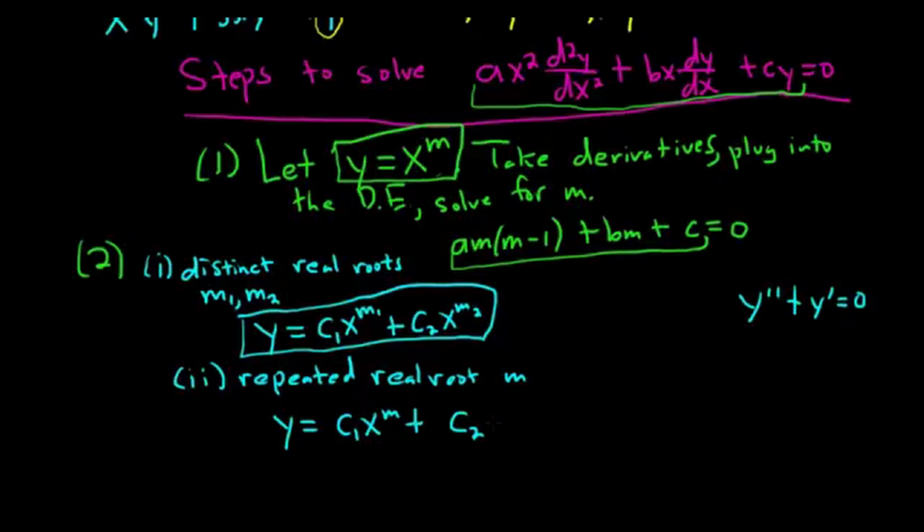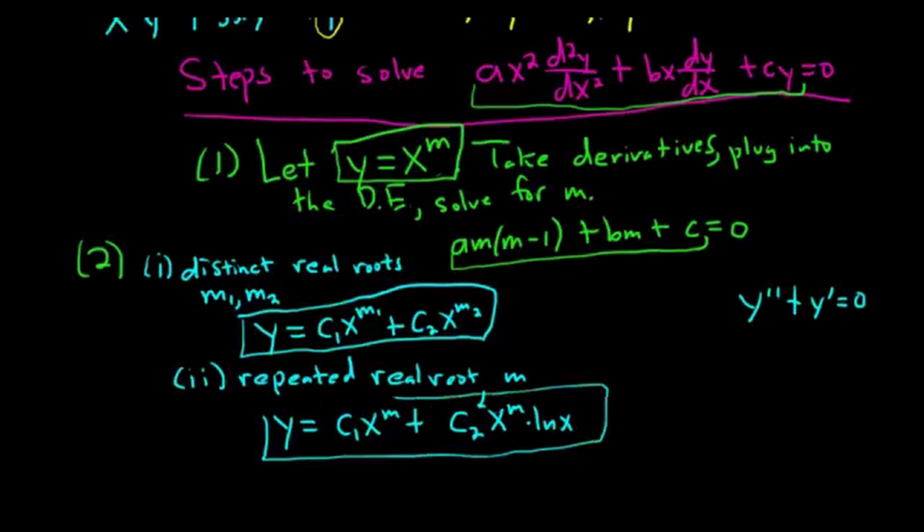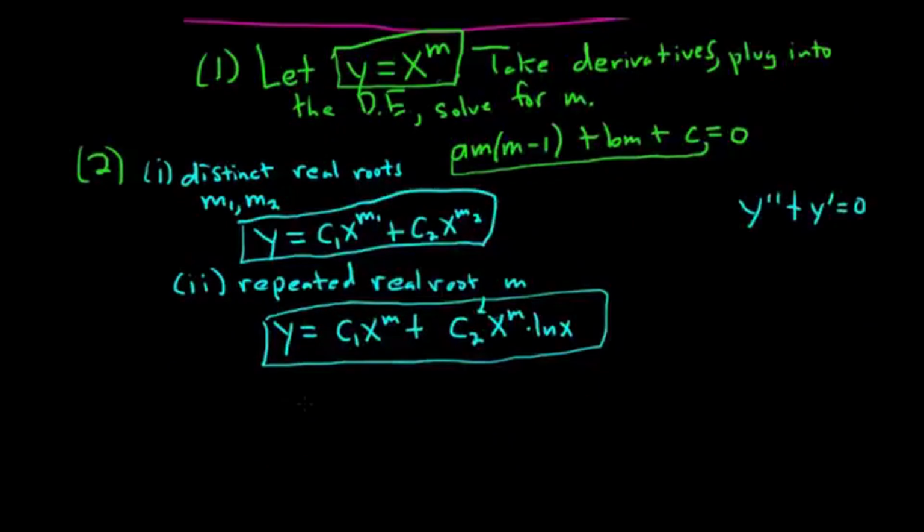It's very similar, except this time we put an ln x. I put it in the back, but you can also put it in the front. Whenever you have repetition, you multiply by ln x. If the multiplicity of the root is higher, you keep multiplying by ln x. For example, if it was multiplicity 3, you would have plus c3 x to the m times ln x squared.